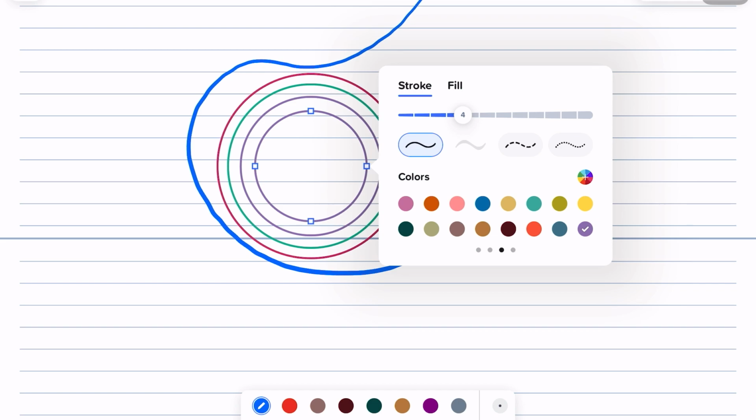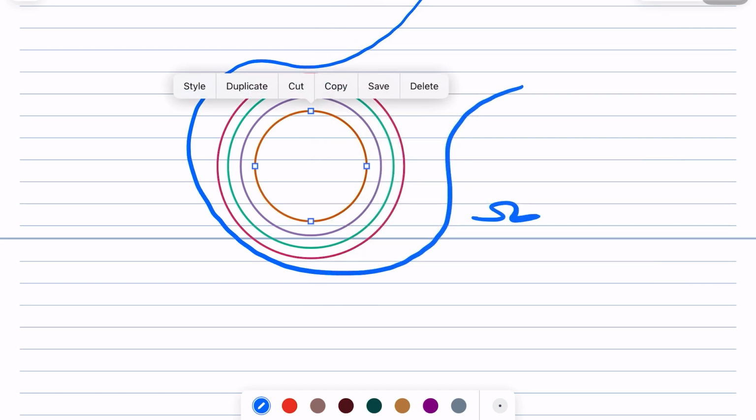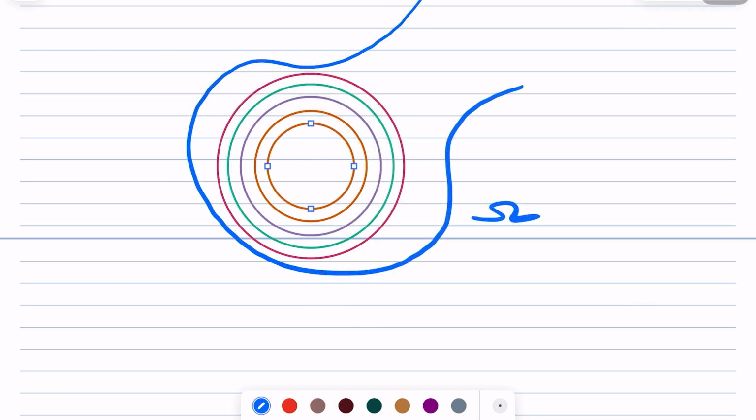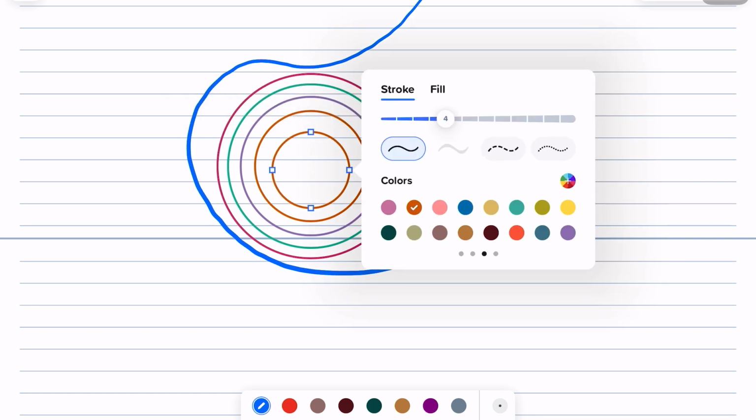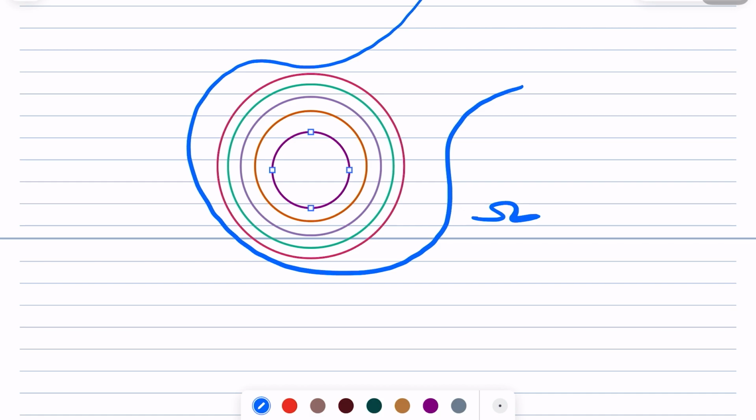Kind of the same process. Okay, I think we have enough balls already.